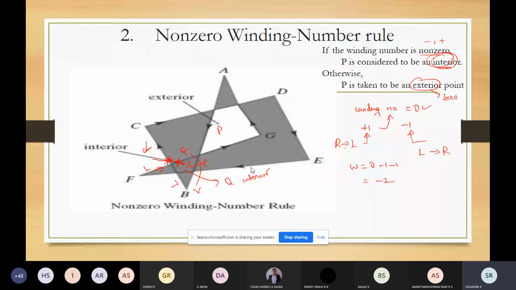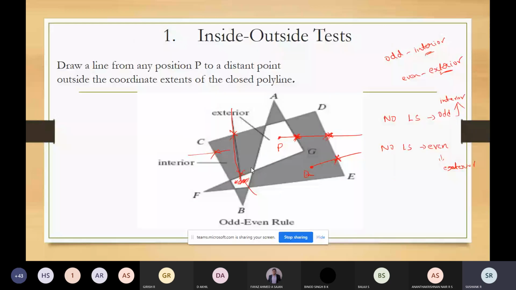So the non-zero winding number rule will classify some areas as interior which the odd-even rule determines as exterior. See here, this small white patch was determined as exterior through the inside-outside test, but the non-zero winding number rule has classified it as interior.